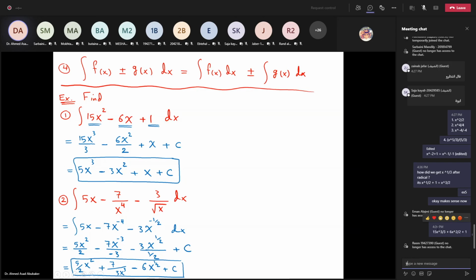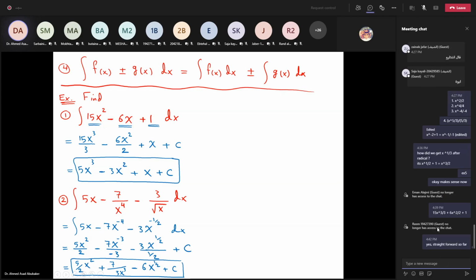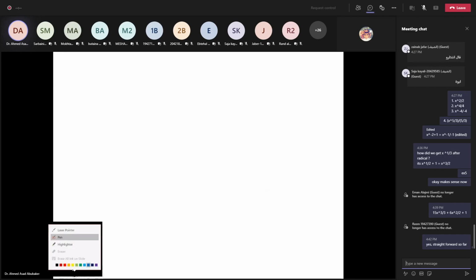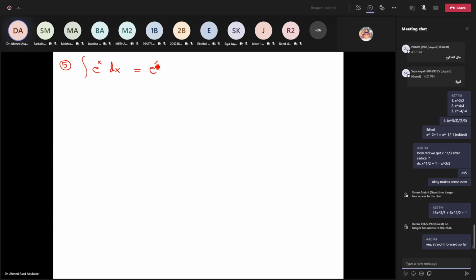Okay, any question? Yes. Number 5, if we have the integral of e to the power x dx, this is the same, e to the power x plus c.